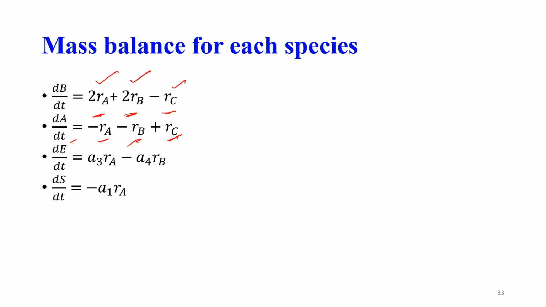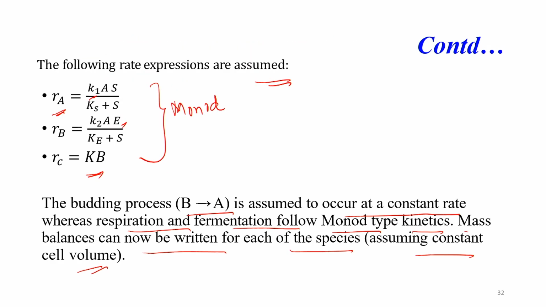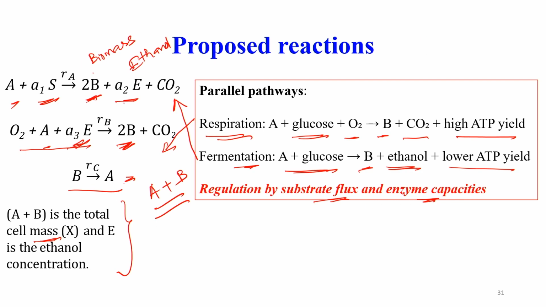Similarly for E, dE upon dt. Here E is produced in the case of RA, and here E is utilized, in the fraction of A2 produced in reaction 1 and A3 utilized in reaction 2.